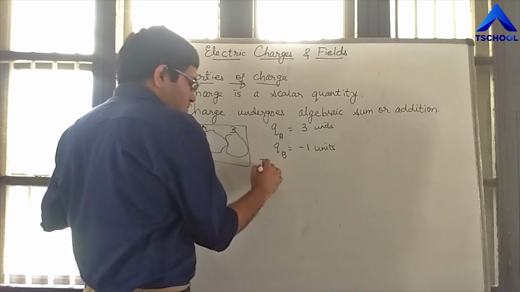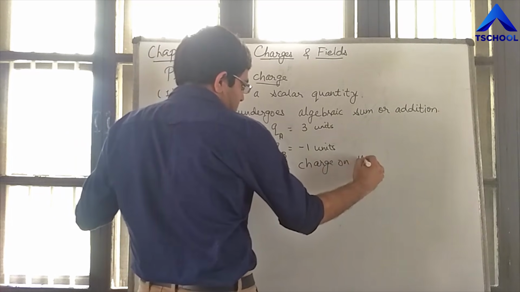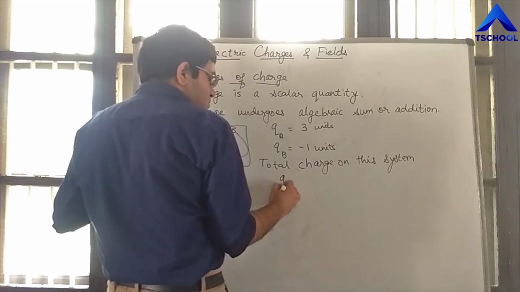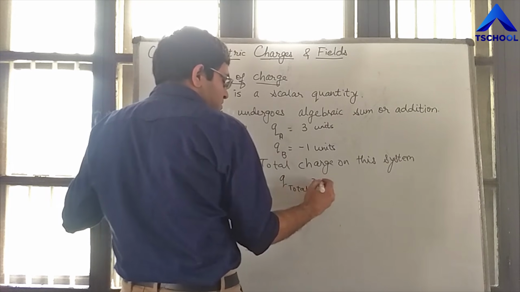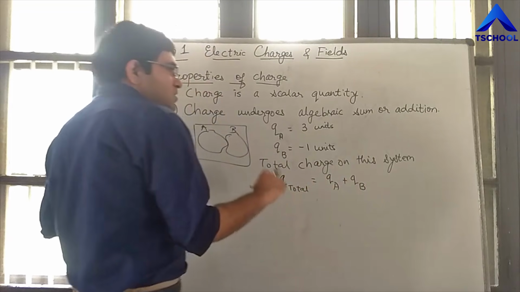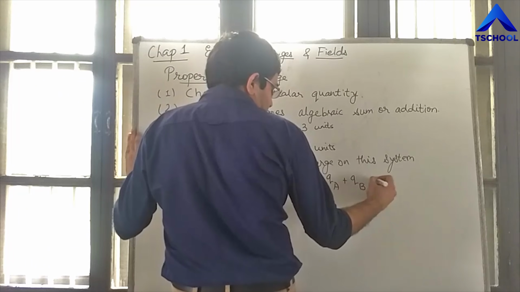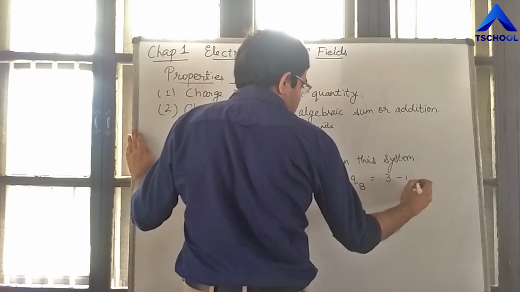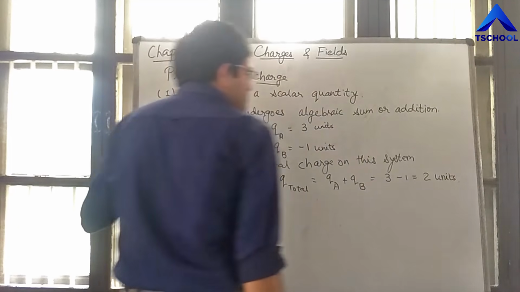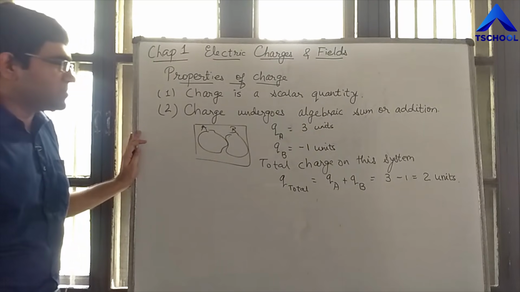So that means the total charge on this system, Q total, is going to be equal to QA plus QB. You just have to do a simple algebraic addition, right? So this is ultimately 3 units and -1, that is 2 units. Is that okay? Right? So charge follows algebraic addition or sum, right?